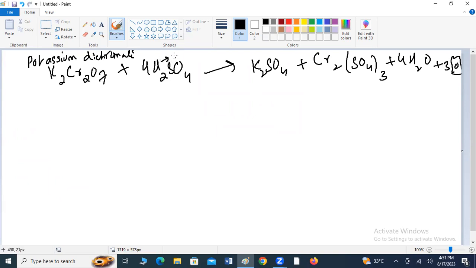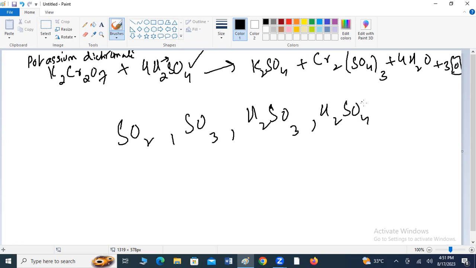What do we call it? Yes. This one, H2SO4. Sulfuric acid, okay? Sulfur dioxide is SO2, SO3 is sulfur trioxide, H2SO3 is sulfurous acid, and H2SO4 is sulfuric acid.